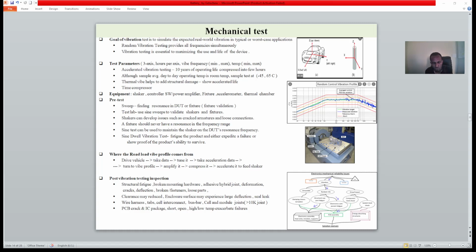You do both the structural and the PCB board, the cell tab, cell, if you are testing a battery, interconnect, the bus bar, the cell, the module, you see everything that comes. Because most of the time the batteries are not serviceable, most of the parts.